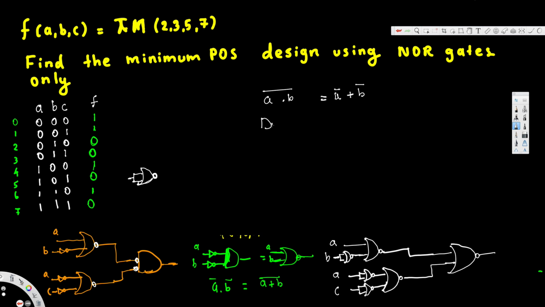We will have a NAND gate that is equivalent to two NOT gates connected to an OR gate, and if this is AB, this is also AB, and it's the same thing.